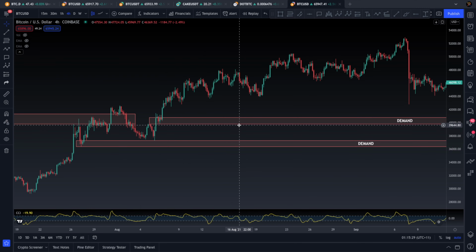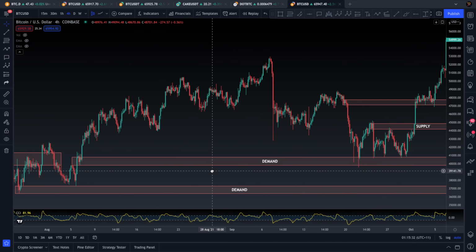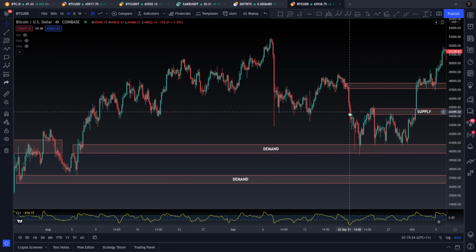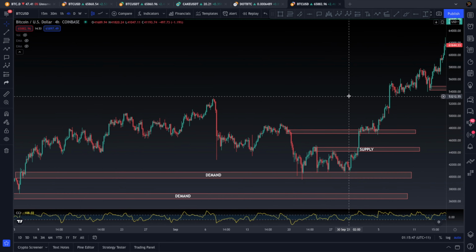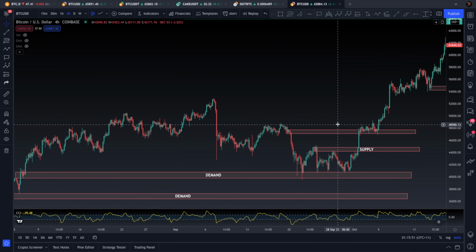Okay, so this is our demand zone, and to confirm this demand zone, you see the price comes here once, twice, and rejected from here. Three, four, five, six times price comes around this area, gets rejected, and finally the buyers are successful in moving the price in the upward direction.